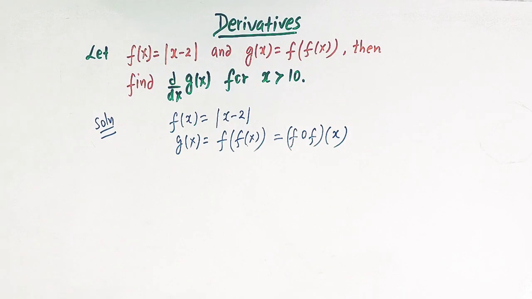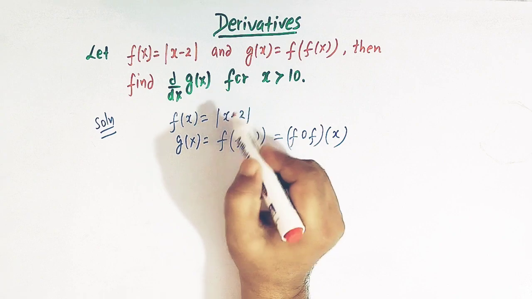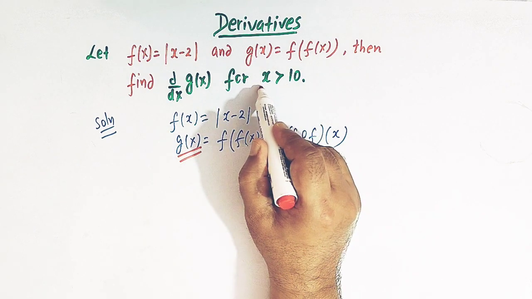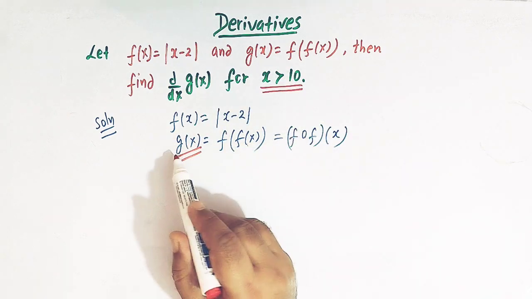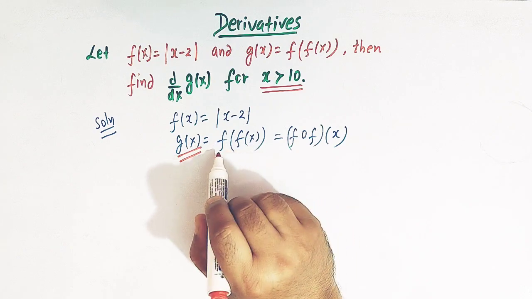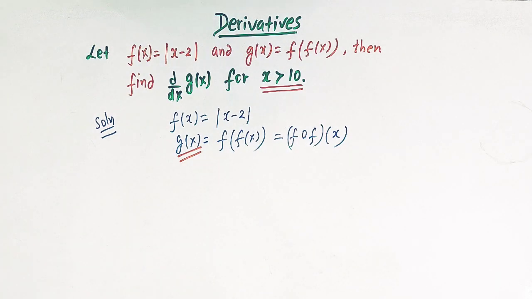So now here we have to find the derivative of this function g of x for x greater than 10 when g of x is given as a composition of f with f itself, right?